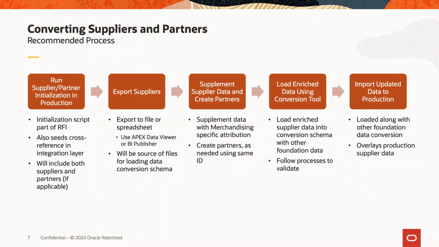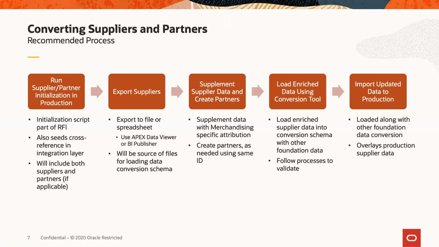So to support that, the slide here is showing what our recommendation is in terms of how that could be converted. And generally what we've recommended, and I think we've had a couple customers do successfully, is to run the supplier and partner initialization script in production. That's something that's part of RFI. I can't remember right now if it's a Cloud Financials job or if it's something that's in our integration layer.